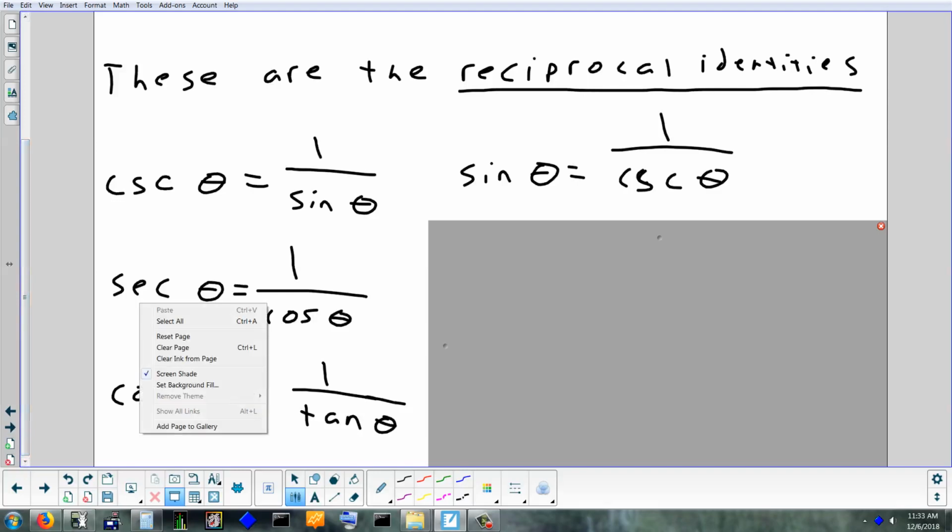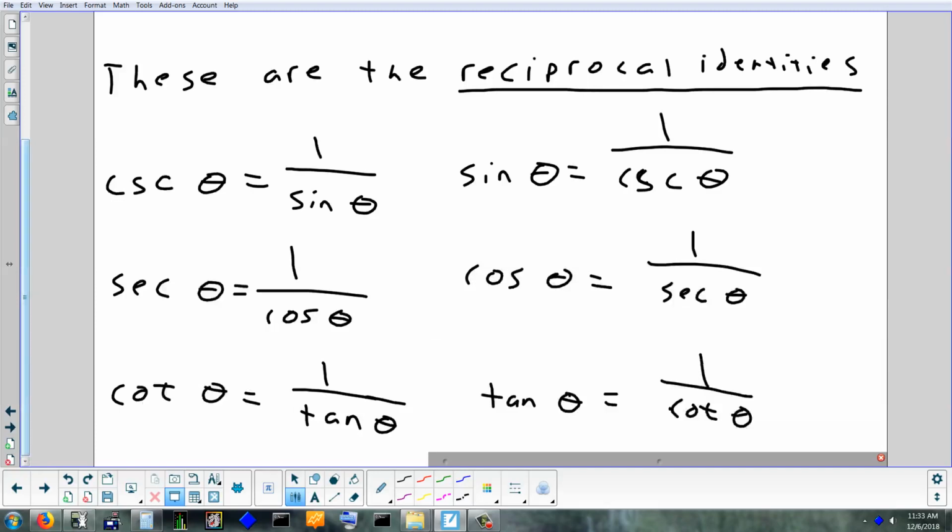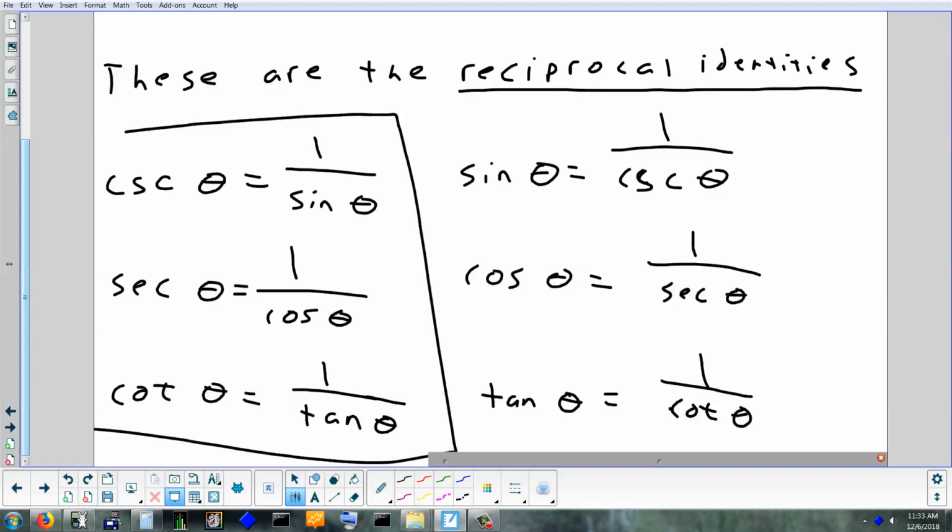You'd go back to the cosine. And the last one, if you flip tangent, you get cotangent. Well, what if you flip cotangent? Tangent. You go back to tangent. You can just keep flipping them back and forth. And those are called the reciprocal identities. Really, if you look them up online, you'd probably just see these three, because those three are exactly the same thing. It's just kind of saying the same thing a different way.